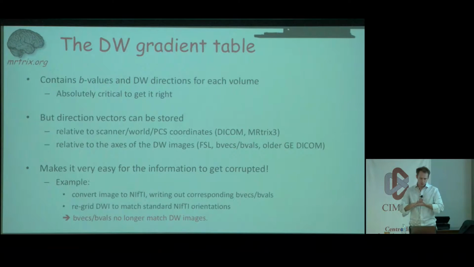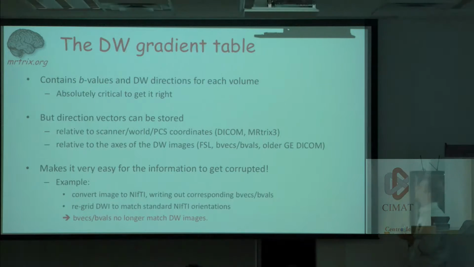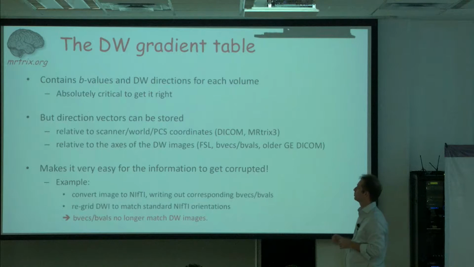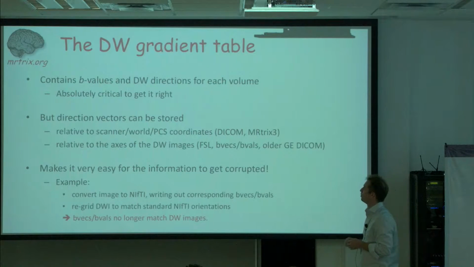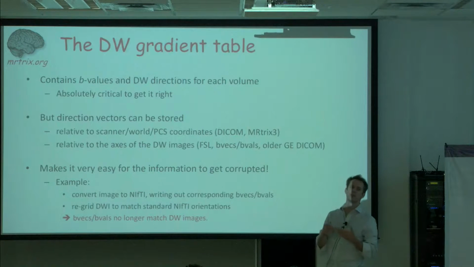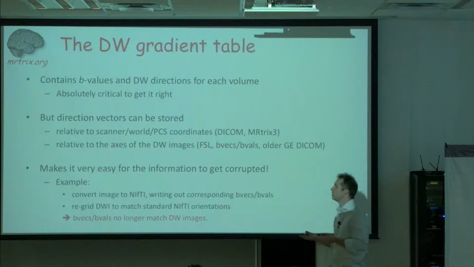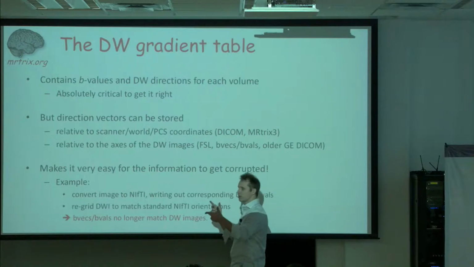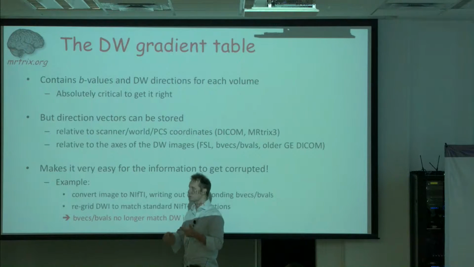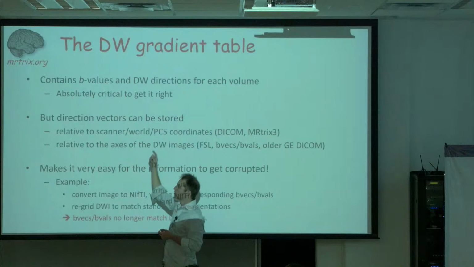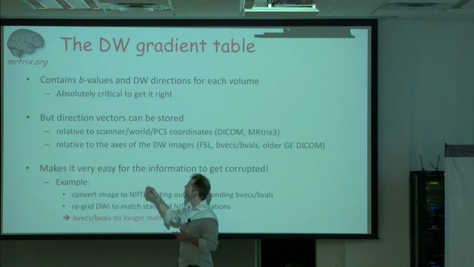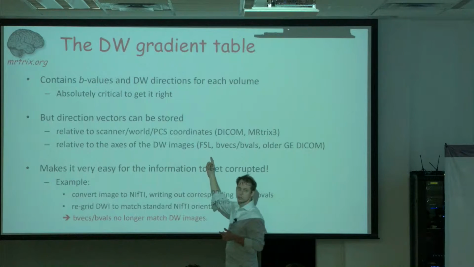The gradient table in diffusion is a major source of headache. The gradient table is the b-values and the directions for each volume. It's pretty critical to get it right, but there are a lot of conventions as to how these things can be stored. The direction vectors themselves, the x, y, z coefficients, can be relative to the scanner axes, relative to the NIfTI standard coordinate system, or relative to the axes of the images themselves.